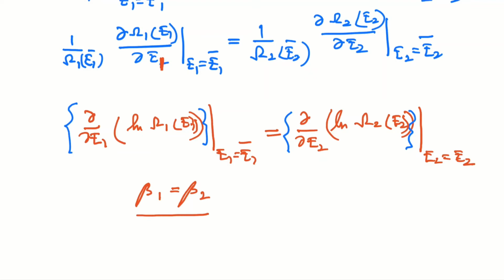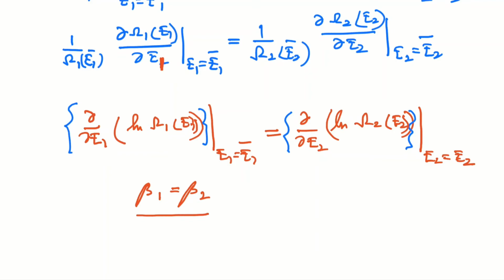So remember, we had two systems, A1 and A2. They were separated, and initially energy exchange was not possible, particle exchange was not possible, and volume exchange was also not possible. When we allowed the energy exchange to take place, keeping volume fixed and number of particles fixed, only energy exchange was allowed.